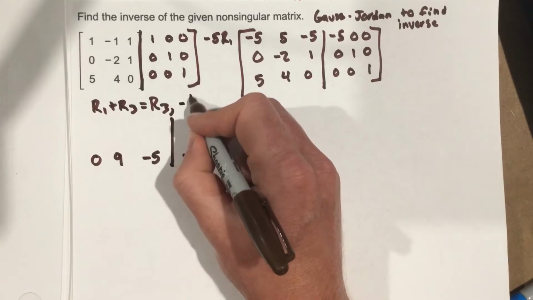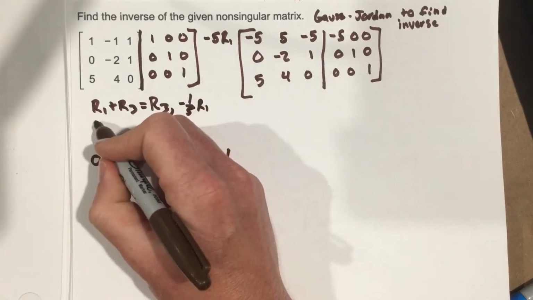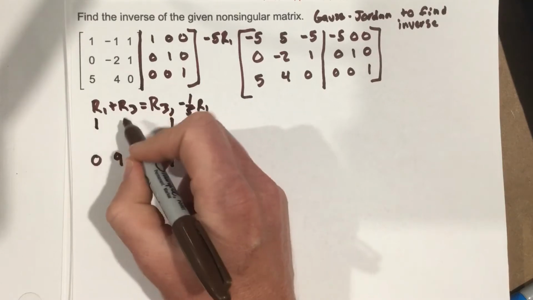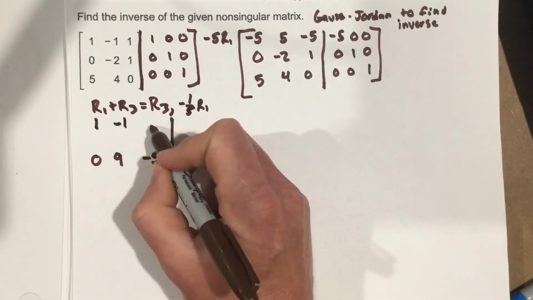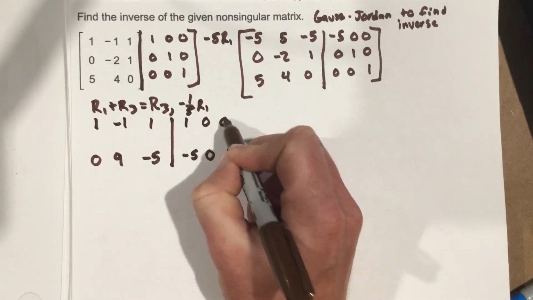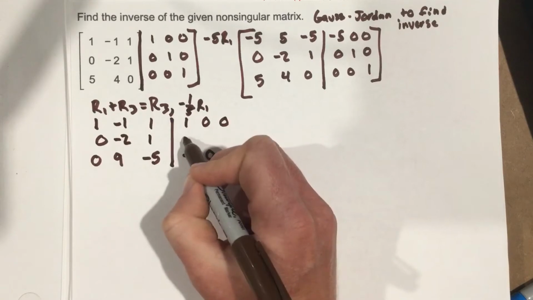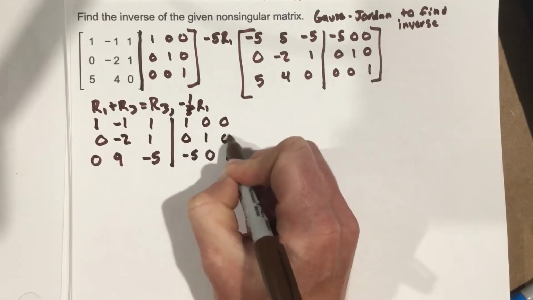So I'm going to say -1/5 R1. So that's going to give you 1, -1, 1, 1, 0, 0, and the middle is still 0, -2, 1, 0, 1, 0.